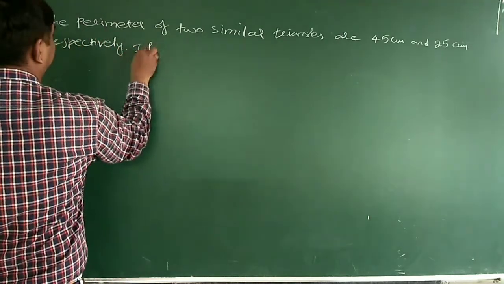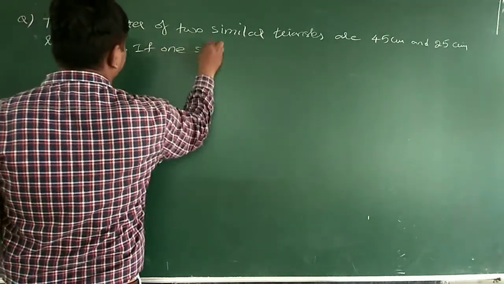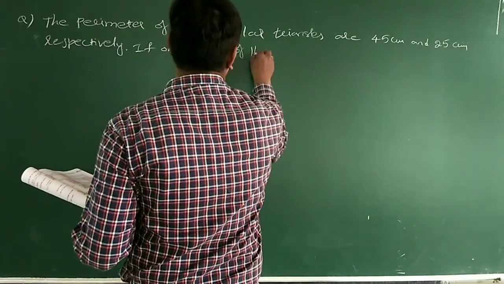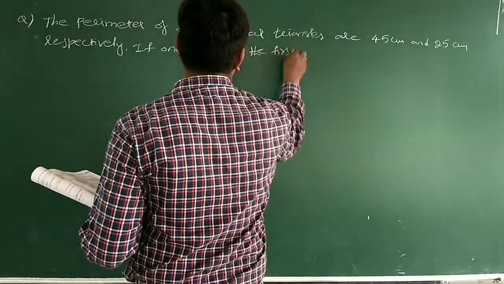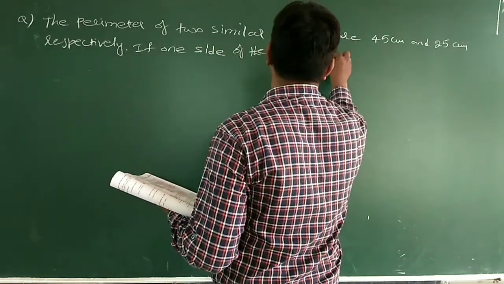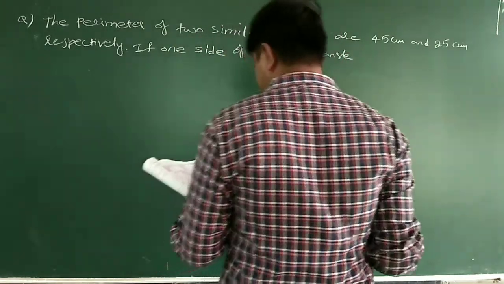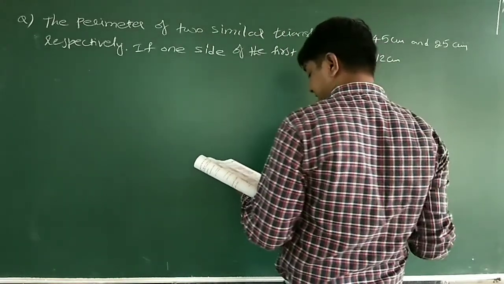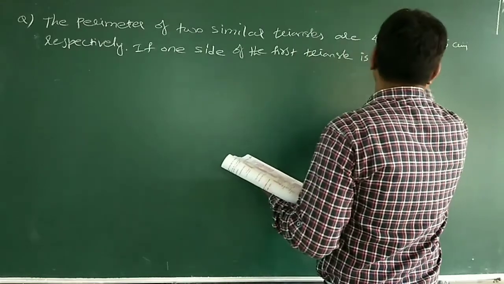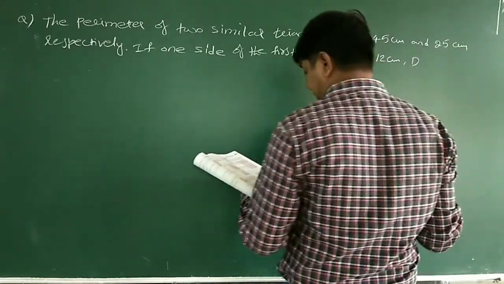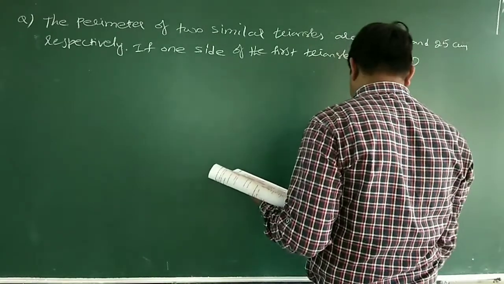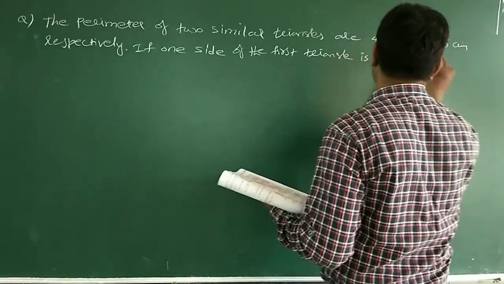If one side of the first triangle is 12 centimeters, instead of 12 I will take 15 centimeters.